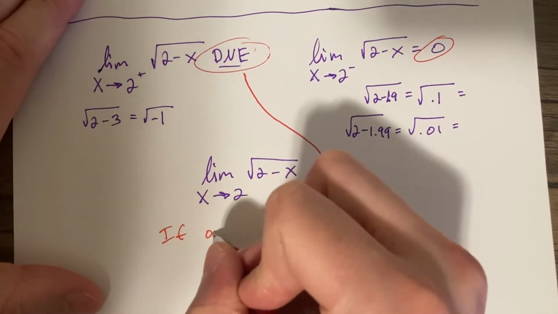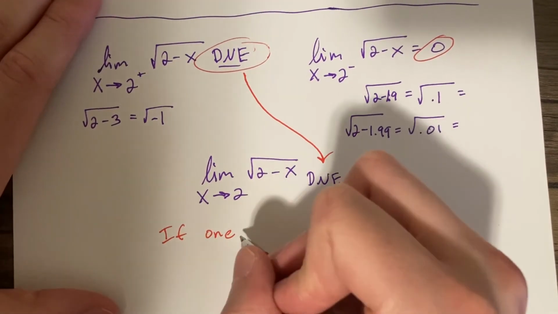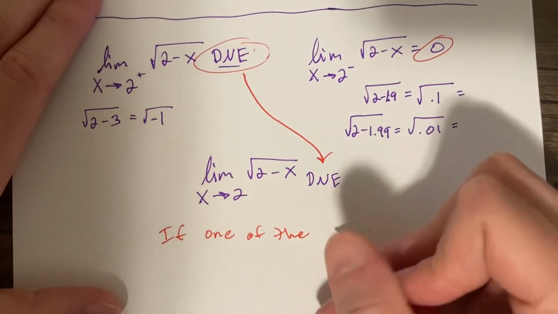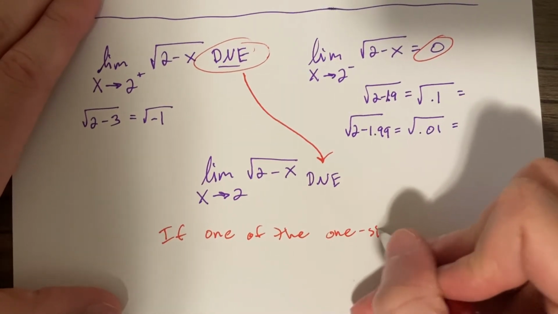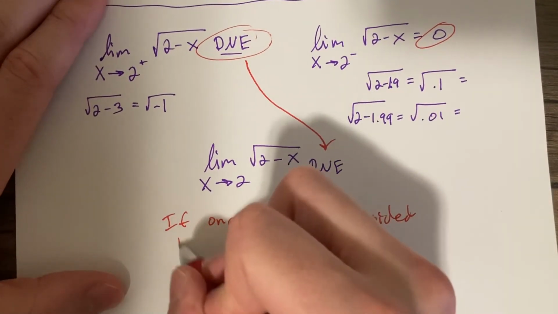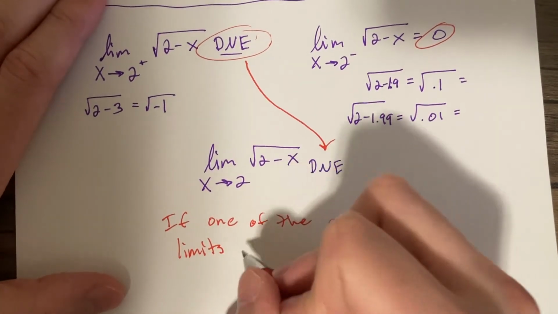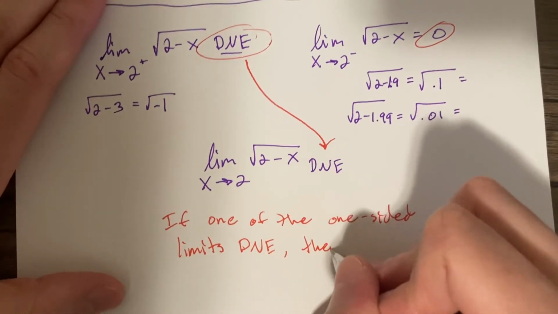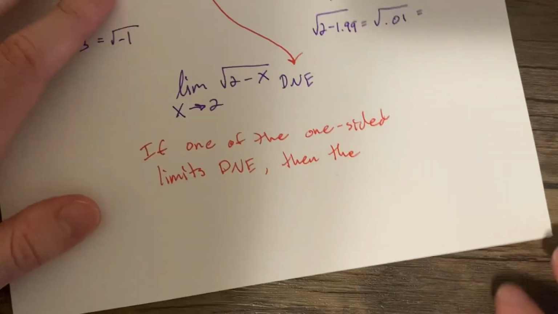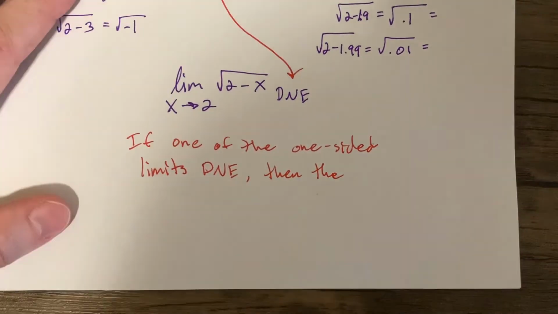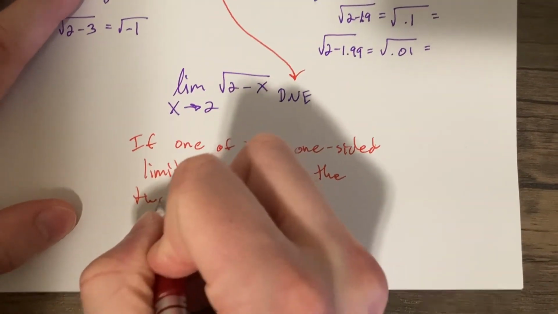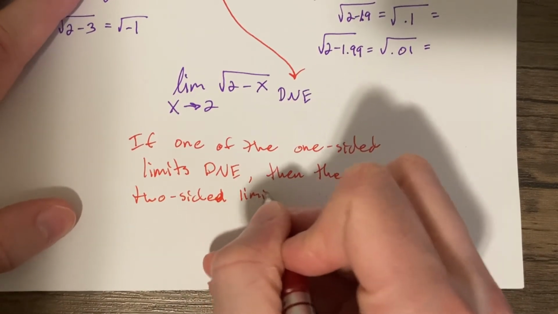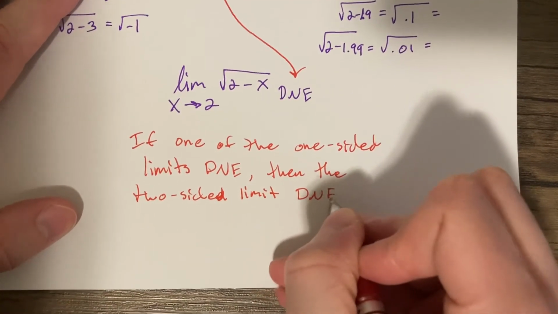Let's make a note of that. If one of the one-sided limits does not exist, then the two-sided limit does not exist.